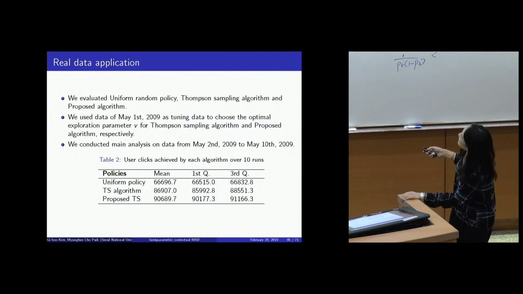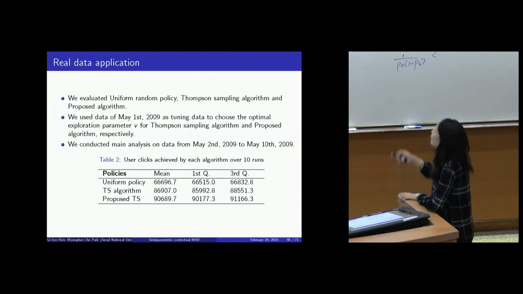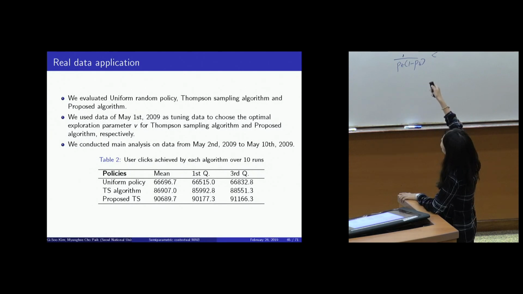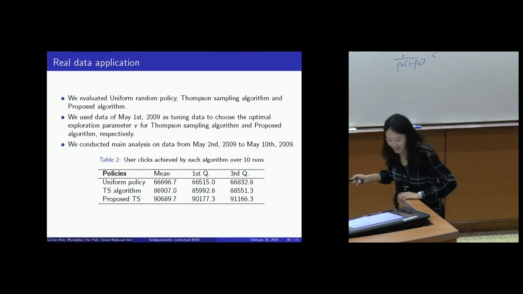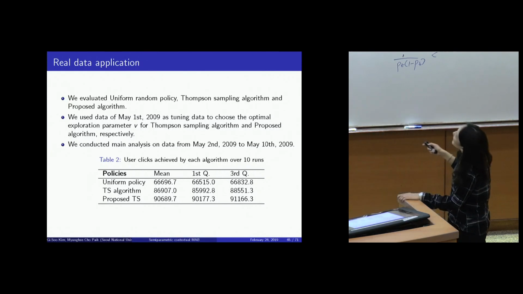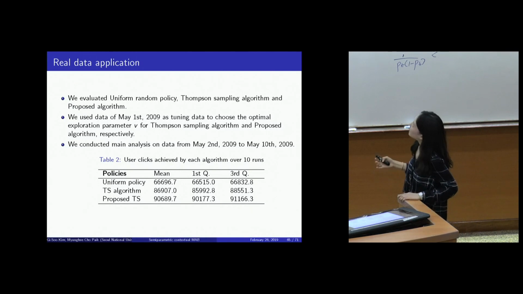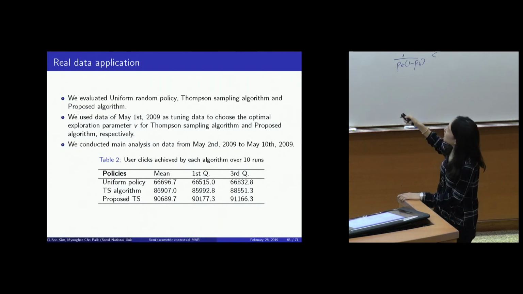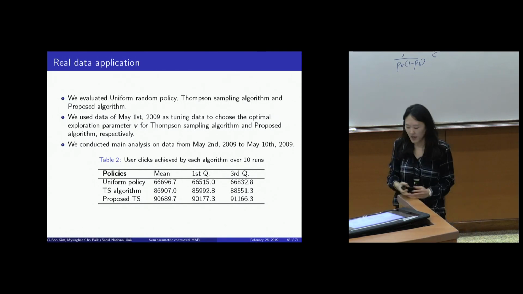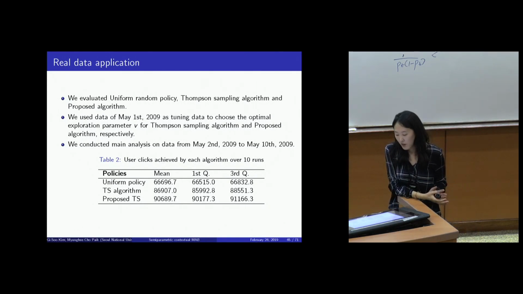Using that, we report the mean, first quartile and third quartile of the user click numbers achieved by 3 algorithms over 10 runs. Compared to the uniform policy, the Thompson sampling algorithm performs much better, and compared to that, the proposed TS algorithm increased the number of user clicks by over 4.4%.